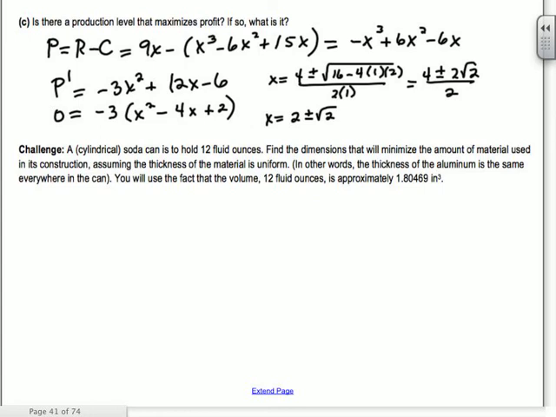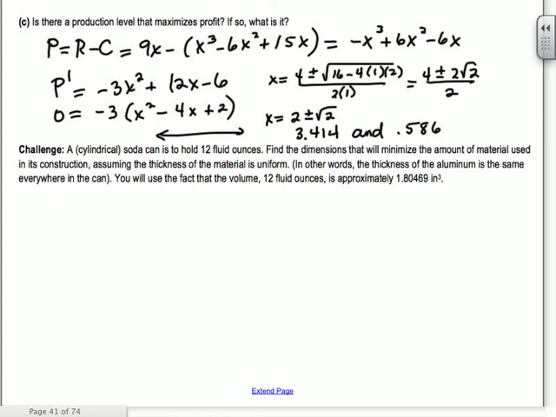So 2 plus root 2 is 3.414. And 2 minus root 2 is 0.586. Okay, we don't know which one's maximizing, which one's minimizing.